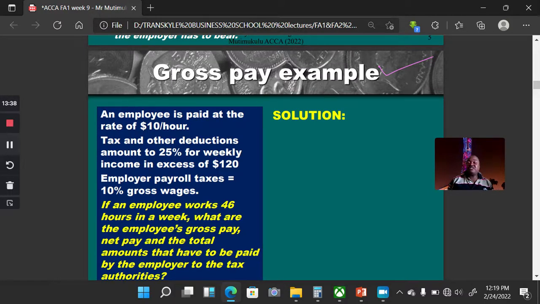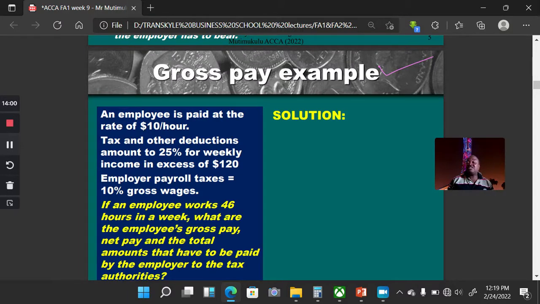Employer payroll taxes are equal to 10% of gross wages, or gross pay. If an employee works 46 hours in a week, what are the employee's gross pay, net pay, and the total amounts that have to be paid by the employer to the tax authorities?